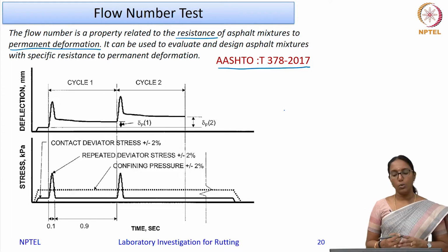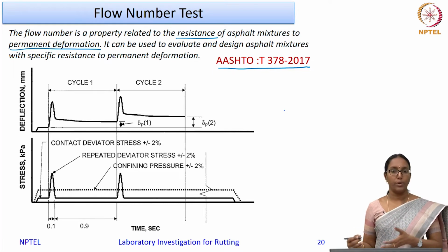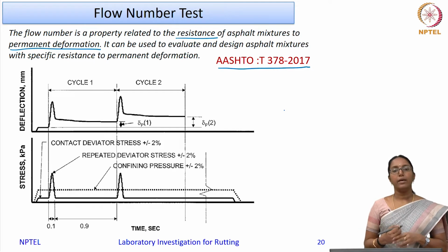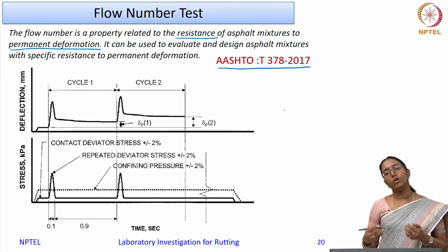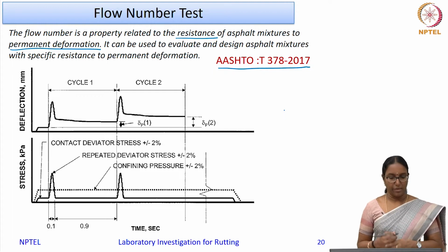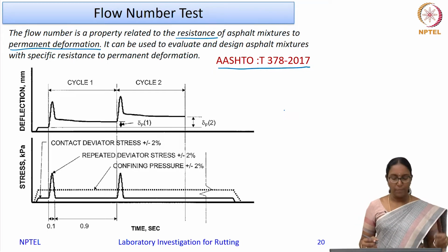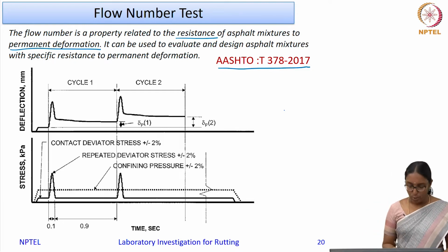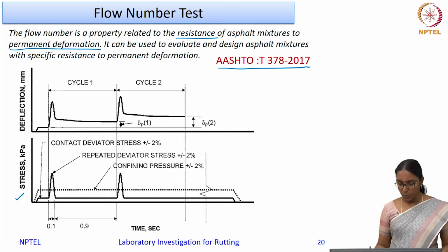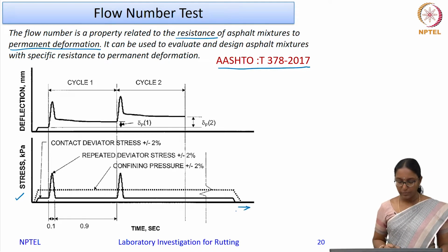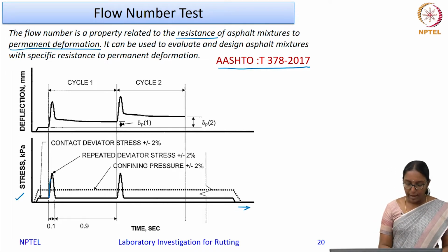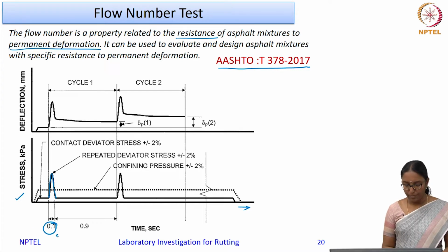That is how the flow number test was developed, wherein you have to apply a load and also provide a recovery period. This is the test procedure or protocol for a flow number test. You apply a Haversine loading as you see here. The bottom figure is the stress versus time, and you apply a Haversine loading for a time period of 0.1 seconds.